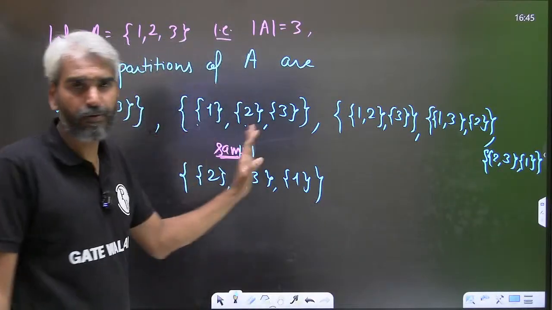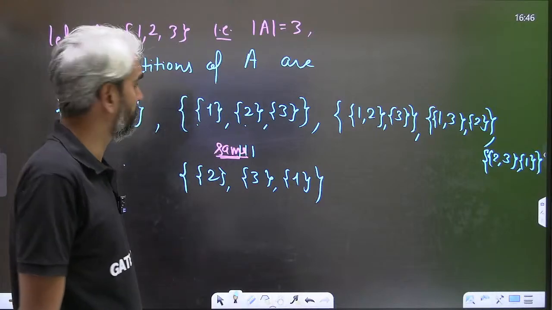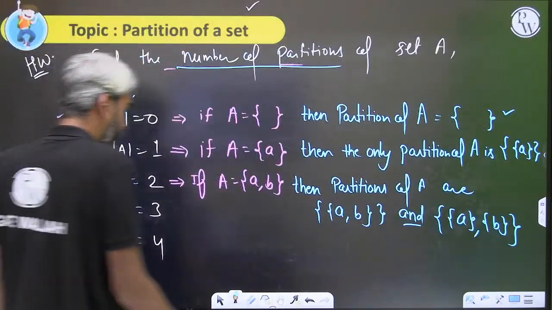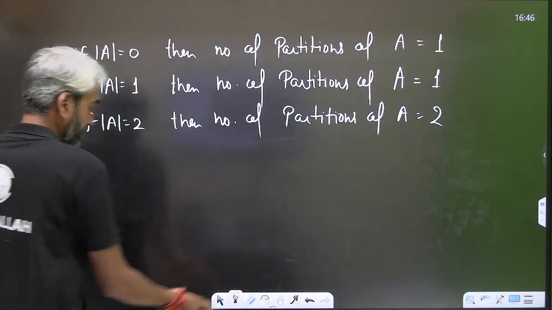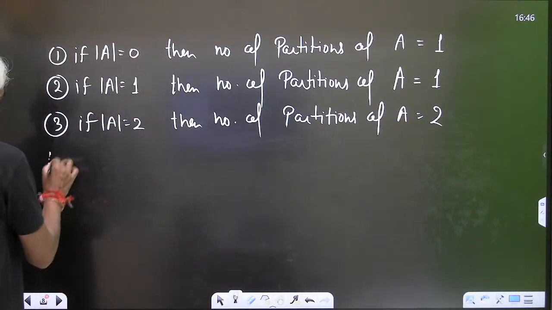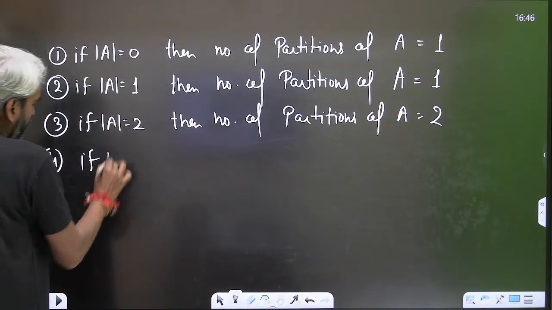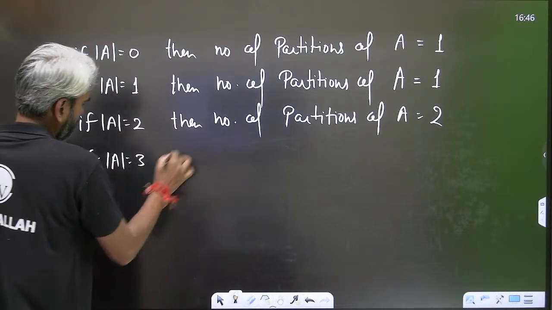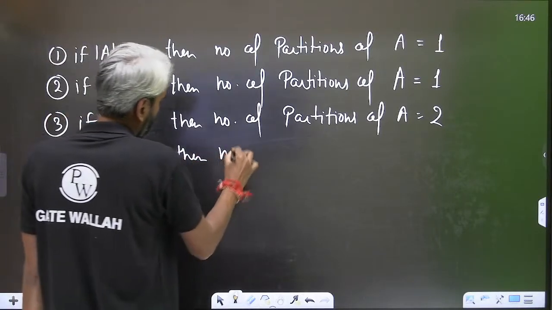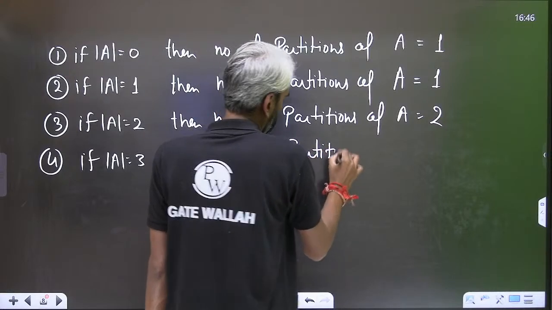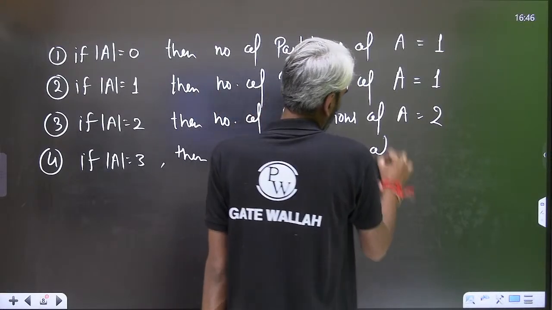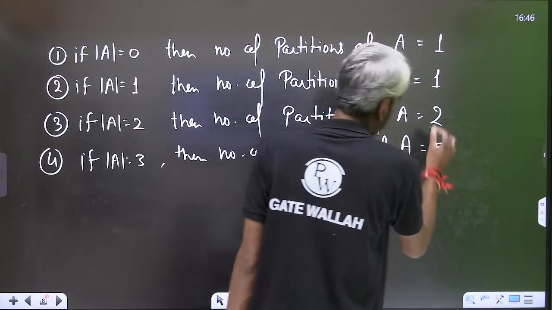Do we have any other possibility? No, sir, there is no other possibility. So how many partitions of set A? If mod A equals 3, then the number of partitions of A equals 5.